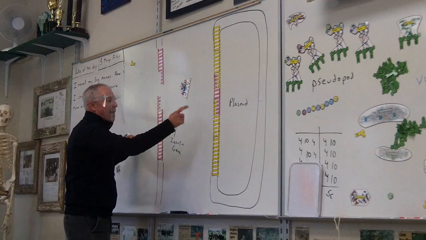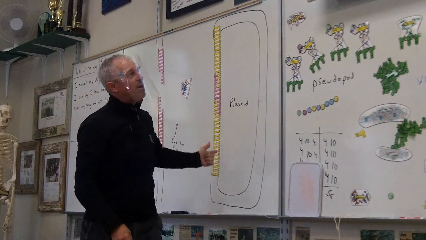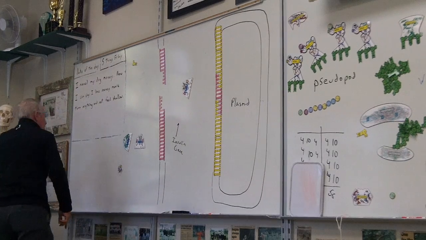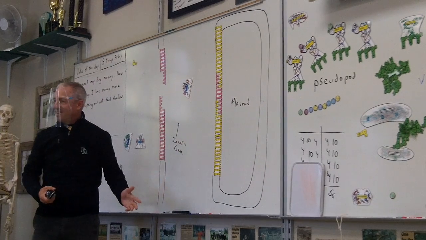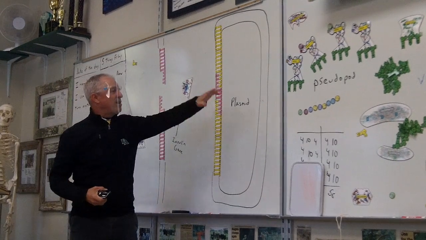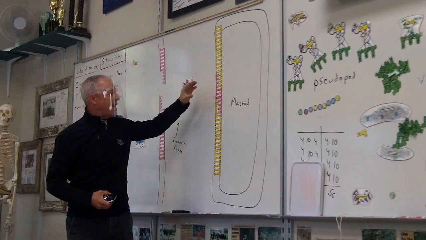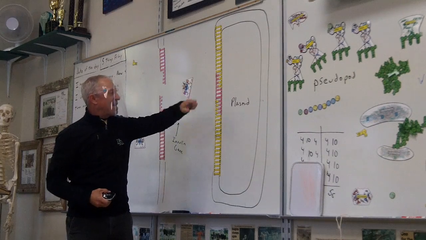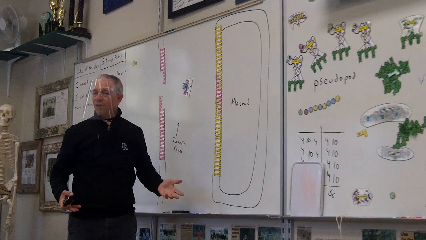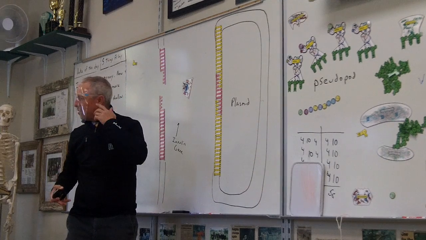You can then take the plasmid, put it back into a bacterium, and the bacterium can make insulin. And not only will the bacterium read this gene and make insulin, but the bacterium can copy itself and clone itself.